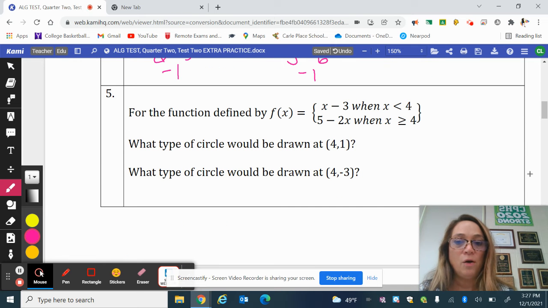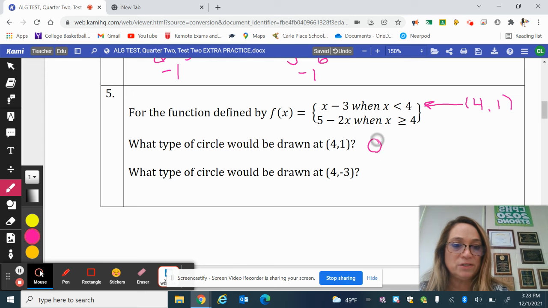Okay. For the function defined by, and that's a piecewise function, what type of circle would be drawn at 4, 1? Well, 4, 1 comes from the first expression. That has 4, 1 as part of its solution set. So when I look at that, I'm looking to see if there's an equal bar or not an equal bar. If there is no equal bar, that's going to be an open circle.